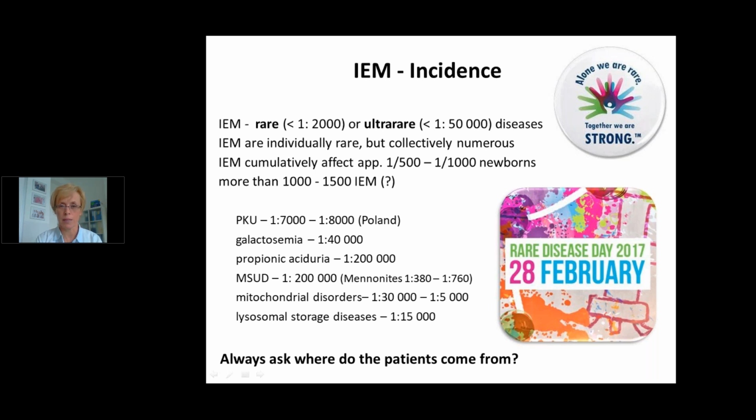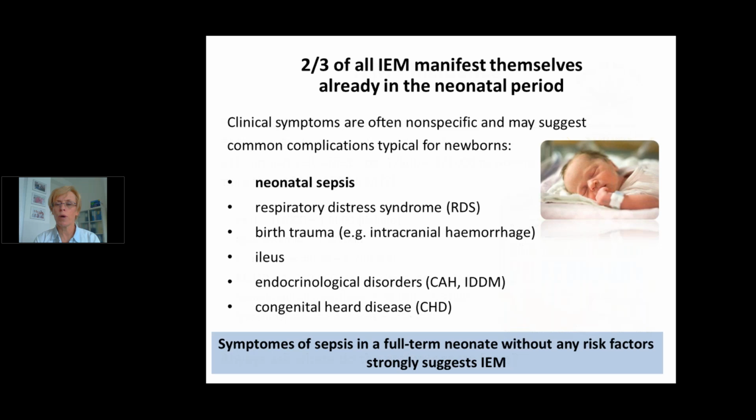Why do we have to talk about these disorders, especially in respect to newborns and young infants? Well, this is because two thirds of all inborn errors of metabolism manifest themselves already in the neonatal period. What is very difficult about this group of diseases is that clinical symptoms are often non-specific and may suggest common complications typical for newborns.